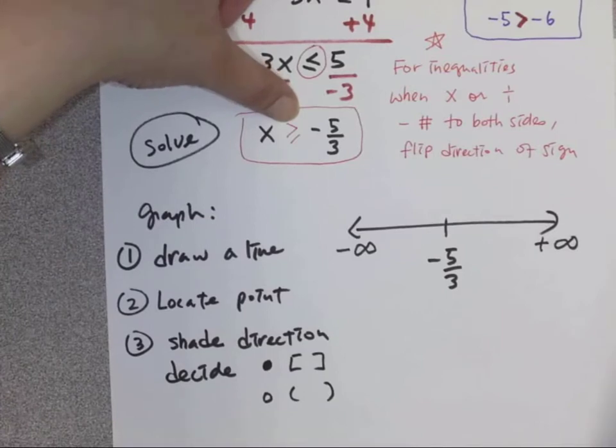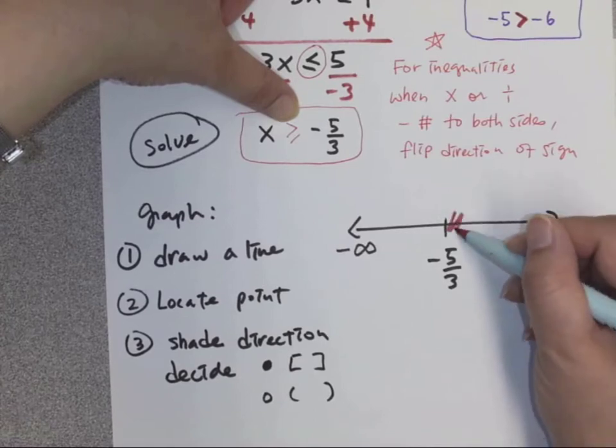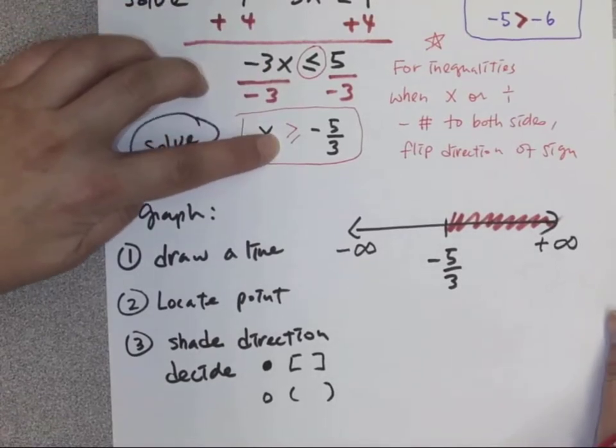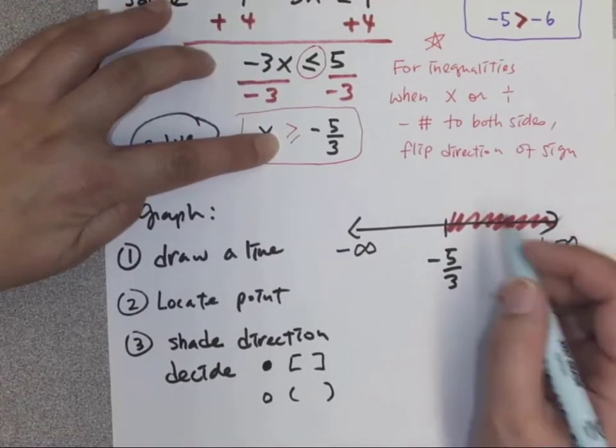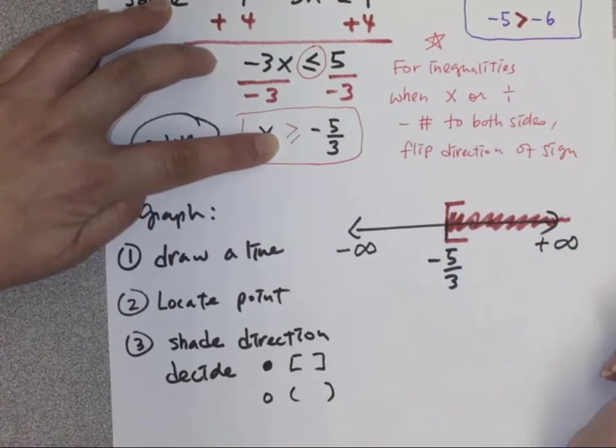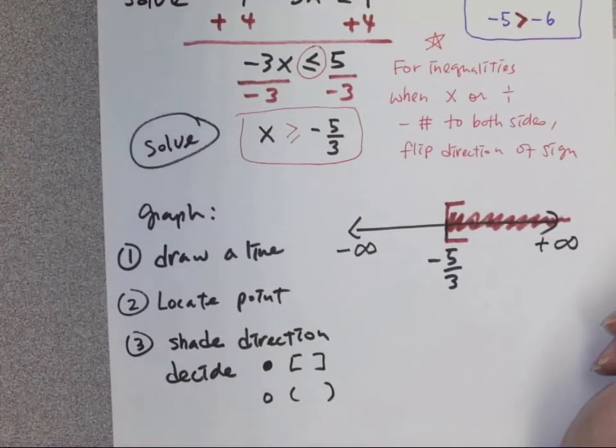Greater than or equal to. So which side has the greater numbers? To the right. To the right-hand side, all the big numbers are over here, right? So that's why we shade that part. And because it comes with equal, it should come with what? Brackets. Some students learn it with a closed circle. If that's what you want, that's fine.